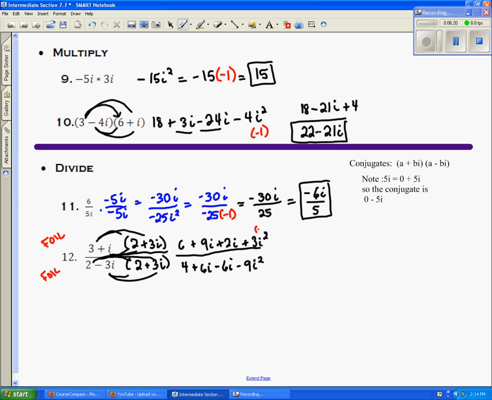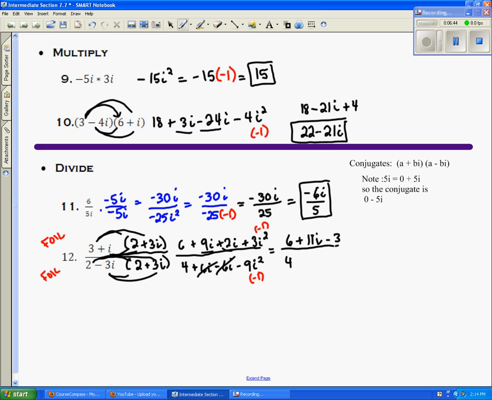All of our i squares we need to replace with the negative 1, and we're going to simplify these, so we're going to get 6 plus, we're going to add like terms here, so we get 9 plus 2 is 11i, and then 3 times negative 1 is negative 3. On the bottom we have 4.